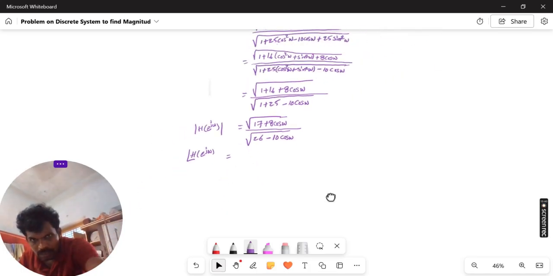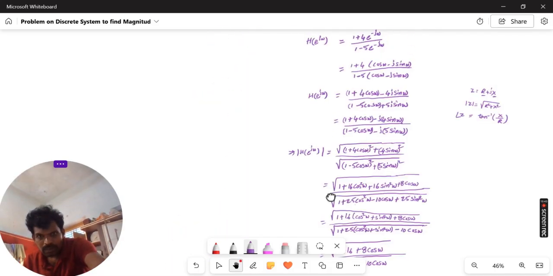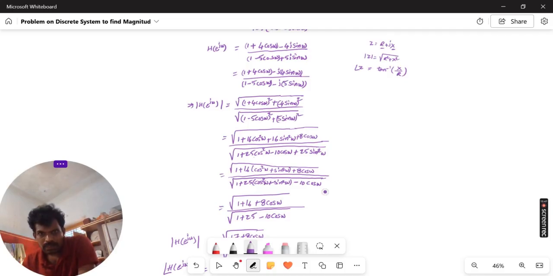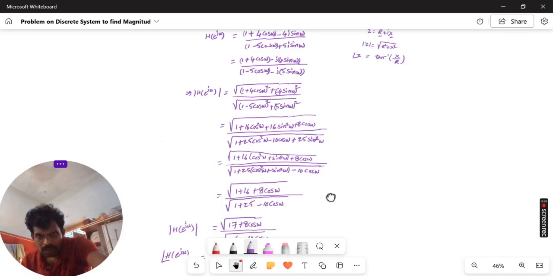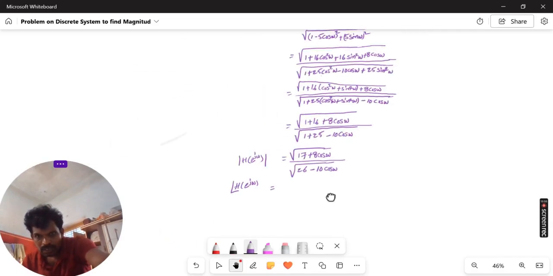So here let us take, which part? This one. After applying Fourier transform, whatever we have, from that, the phase is tan inverse of imaginary value by real value.